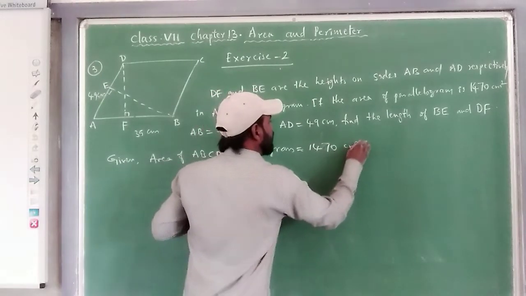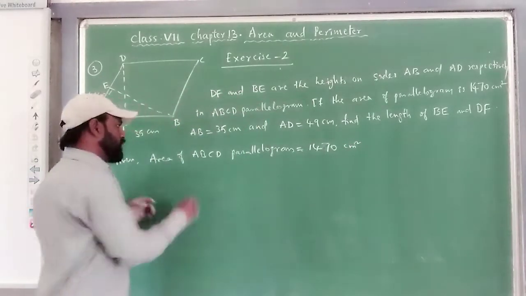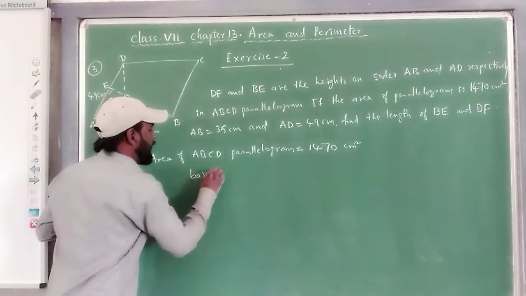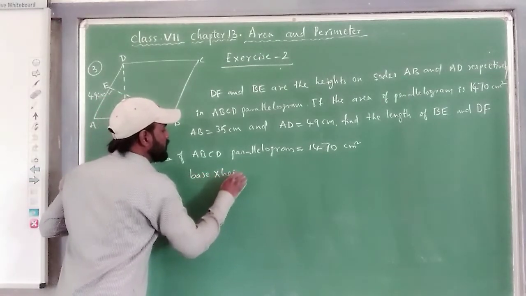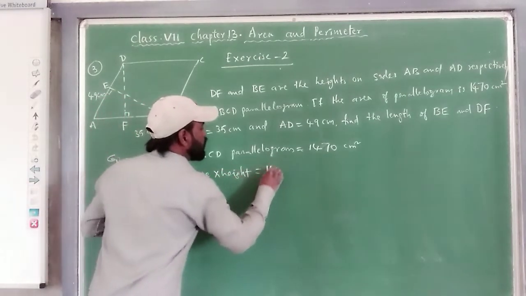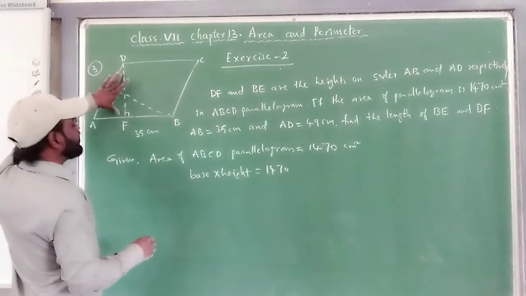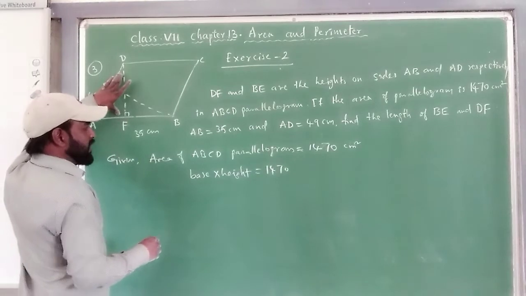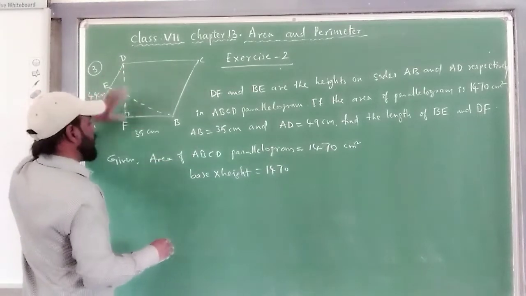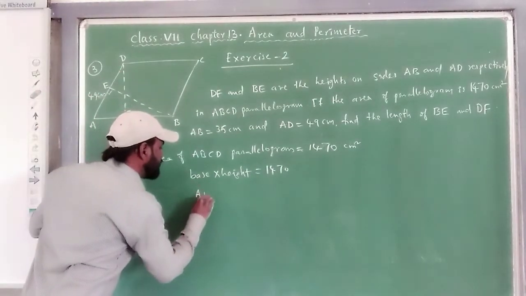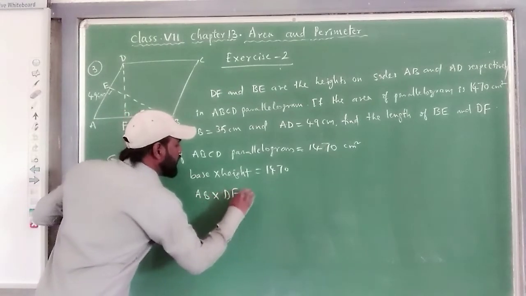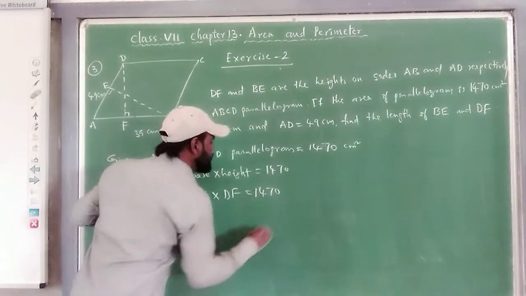But area of the parallelogram formula we know, base into height. So if you take AB as the base, DF will be the height. So base as AB, height is DF, that is equal to 1470.